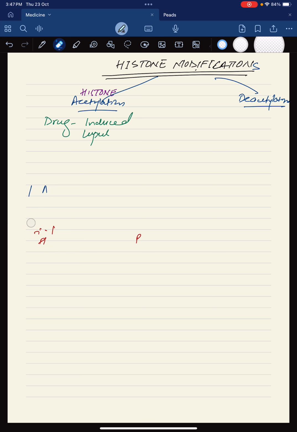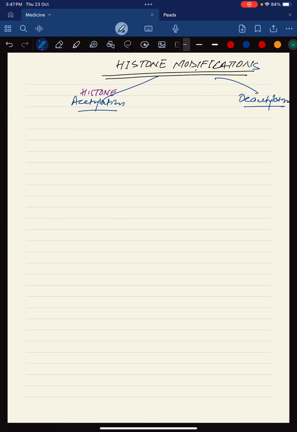Another example for deacetylation to remember is Huntington's disease. In Huntington's disease, again, the balance between acetylation and deacetylation is disturbed. What happened is that there is a gene mutation, right? The Huntington's gene is mutated, due to genetics or whatever.